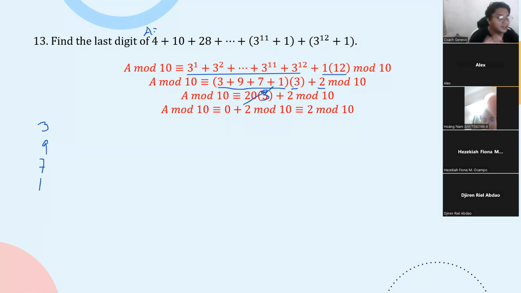So that means that the last digit of the sum is 2. By the way, we apply congruence modulo 10 when we are to find the last digit or the units digit of a certain value or expression. So that's it for number 13.